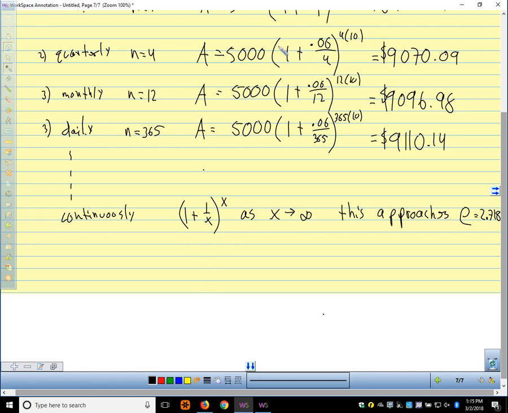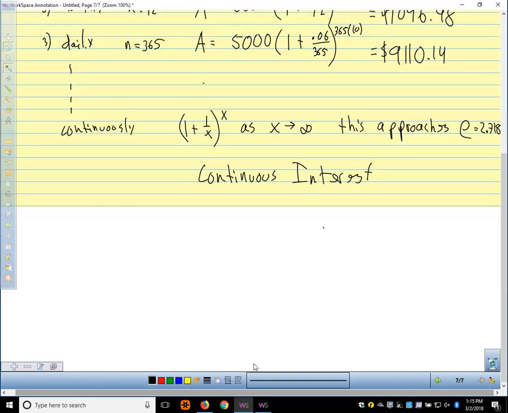So if this formula, when we compound continuously, our continuous interest formula becomes our amount equals P e to the RT.